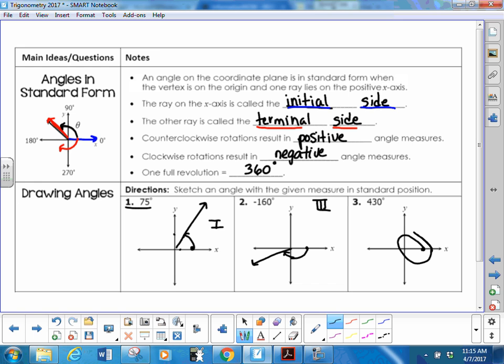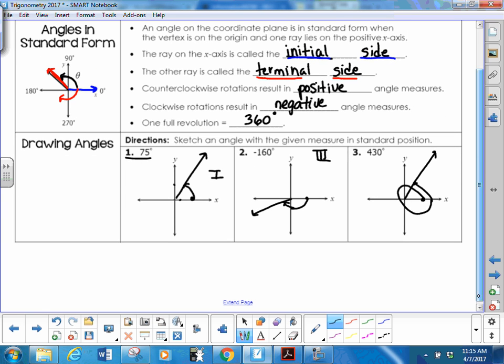So I'm going to go to about right there and stop. So that's drawing angles. The takeaway: start on the positive x-axis, counterclockwise positive, clockwise negative.